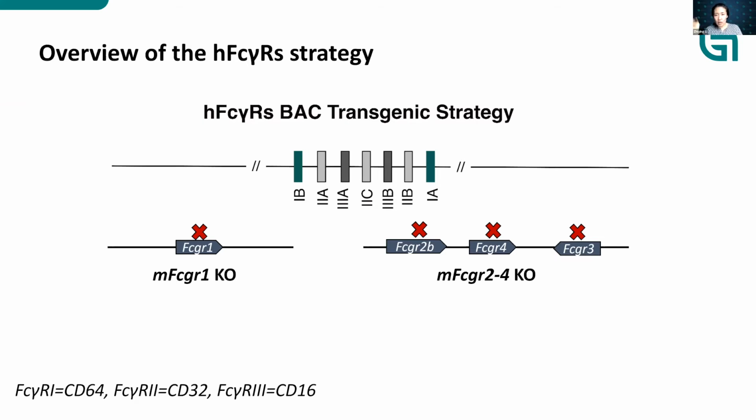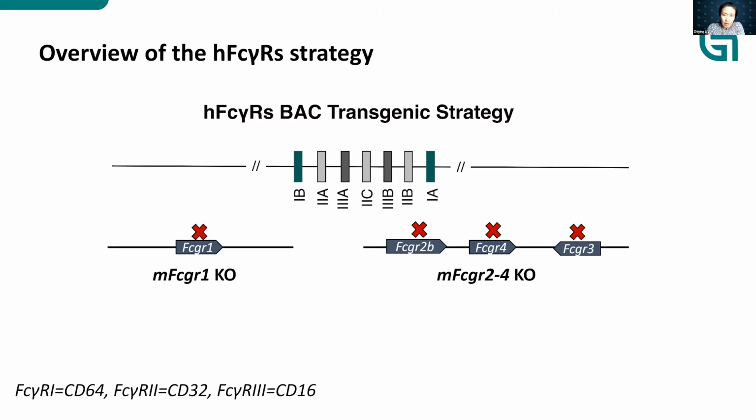So we took quite a few BAC constructs carrying the human genomic DNA and fused them together to make a 270 kilobase pair fusion BAC DNA, and then introduced this human BAC into the mouse genome as a BAC transgene.